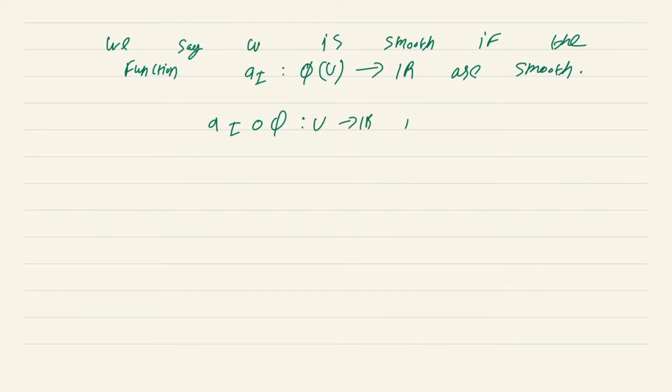Both are equivalent. If you prefer to directly go to Euclidean space and define smoothness using the parametrization, you can directly say a_I composed with phi is smooth. Now this should be true irrespective of the parametrization.